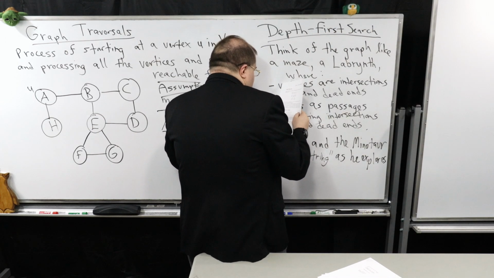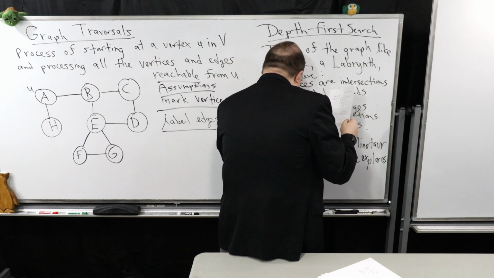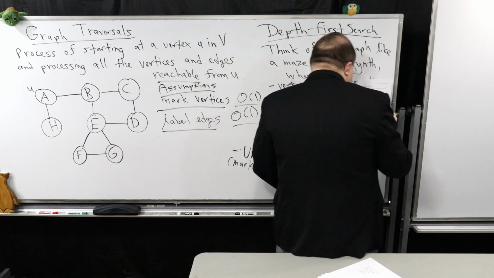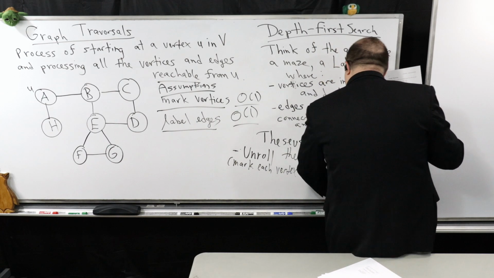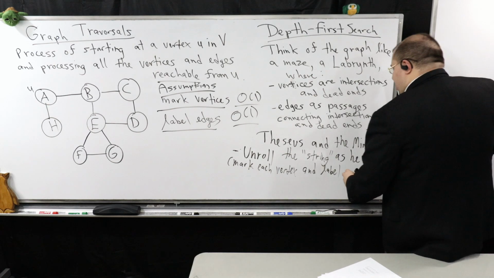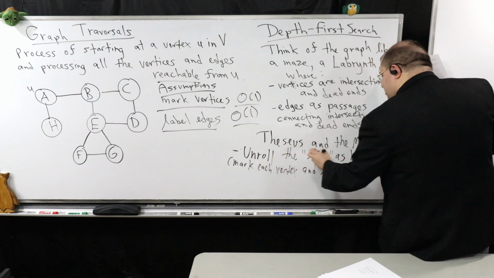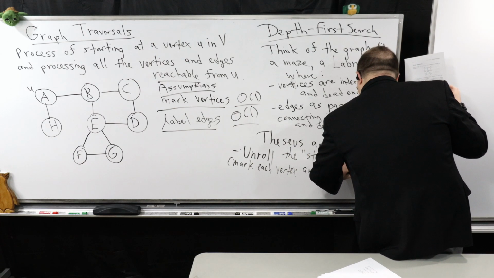And we're going to mark each vertex and label each edge that we examine. So you can think of this like I'm running around with a piece of chalk in my pocket and I mark a big X on them. Or I might write or color them a little differently. So I'm going to mark each vertex and label each edge.